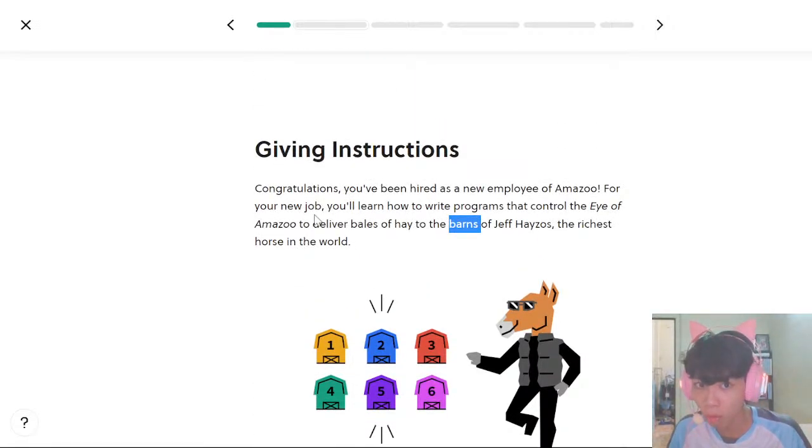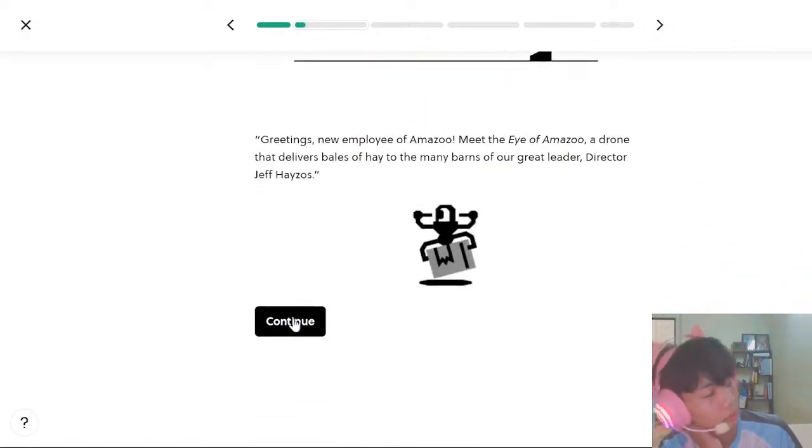Okay, so I need to learn how to write programs that control the Eye of Amazon to deliver bales of hay to the barns of Jeff Bezos, the richest horse.